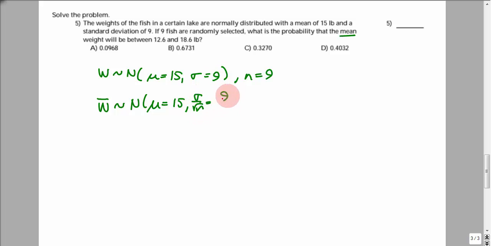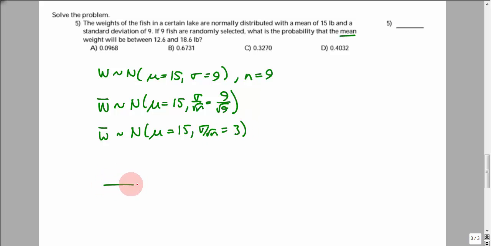So it would be 9 divided by the square root of 9. So W bar is distributed normal with mu equal to 15. The square root of 9 is 3, and 9 divided by 3 is 3. So sigma over root n is equal to 3.